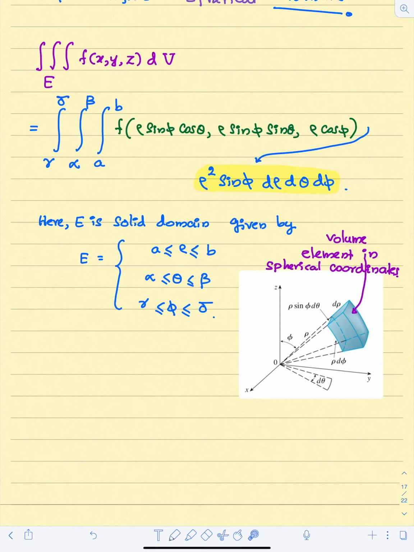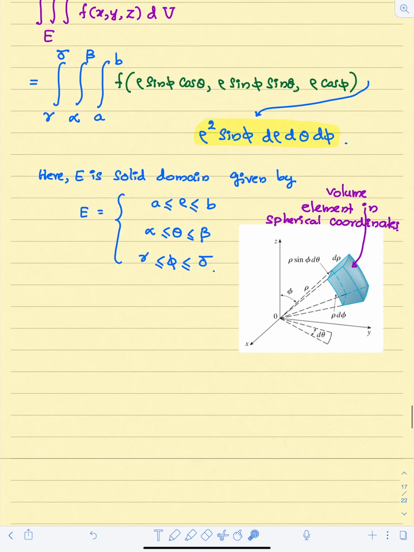This looks complicated, but when we do examples you will see these integrals are very simple to integrate. Okay, so let's consider the first example.